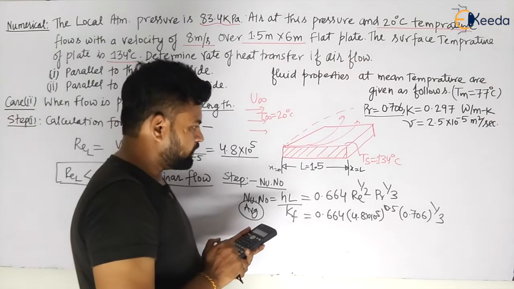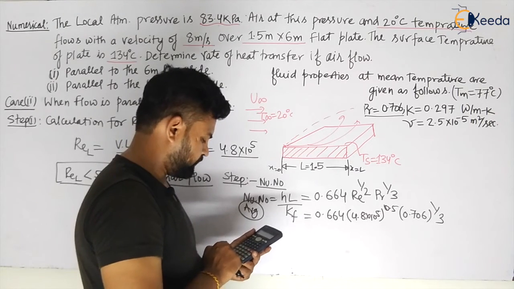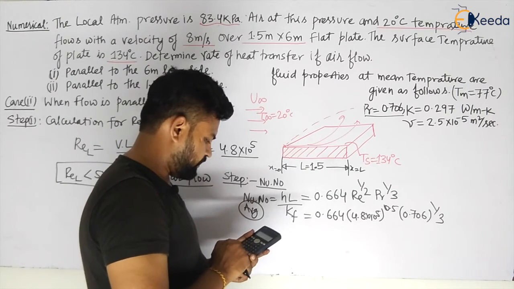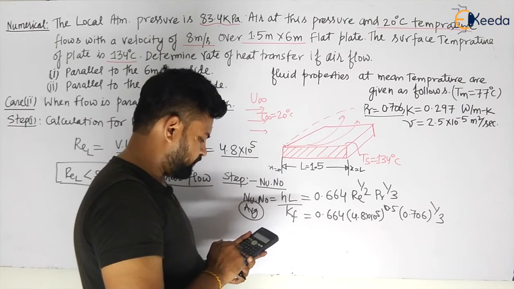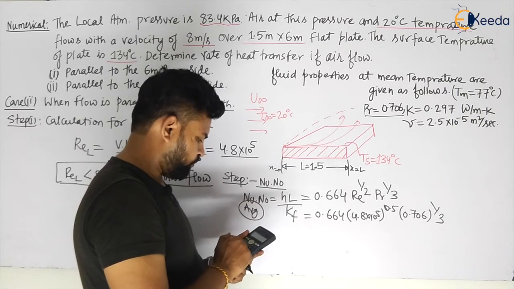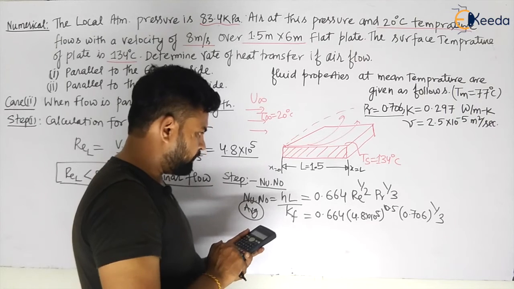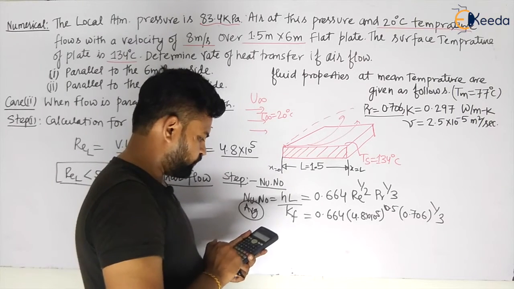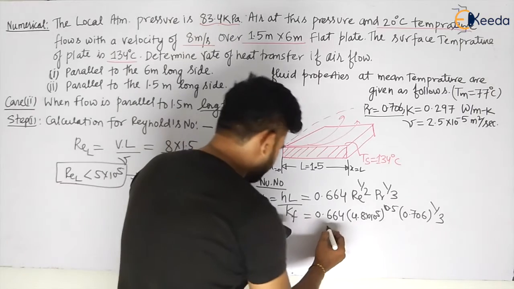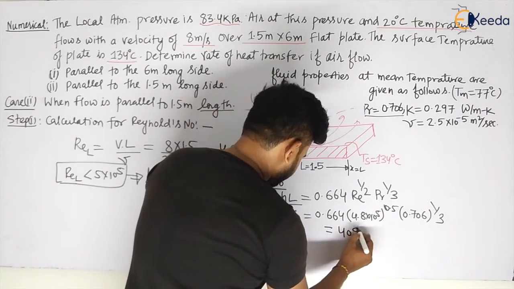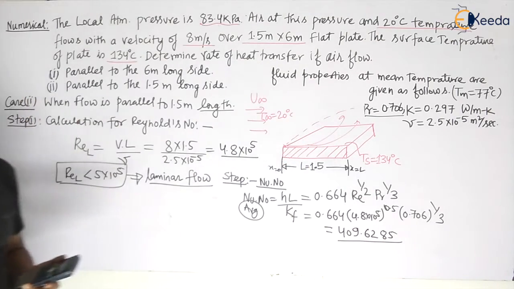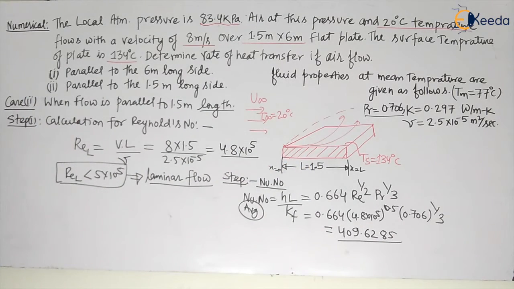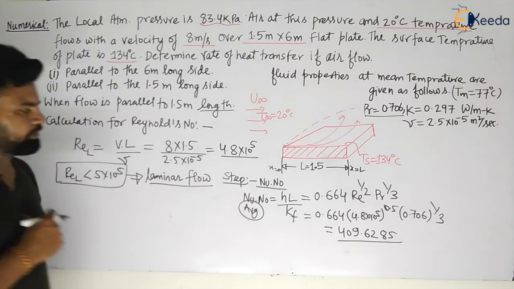So again, Prandtl number 0.706 to the power 1 divided by 3, multiplied by 4.8 into 10 to the power 5 to the power 0.5, my dear students, multiplied by 0.664, and this value will come equal to 409.6285. So this value is coming to be this much.